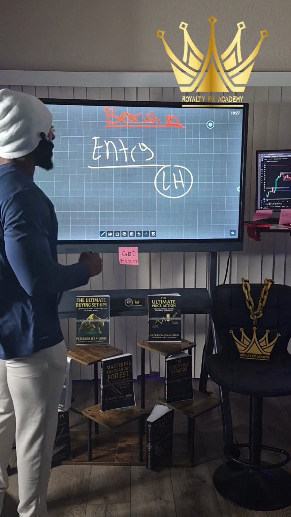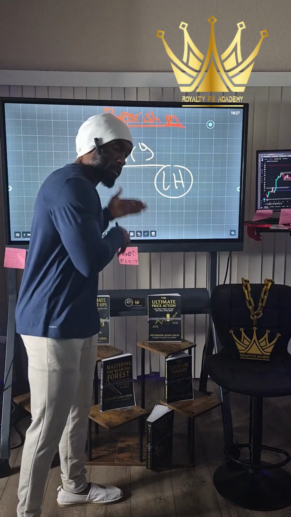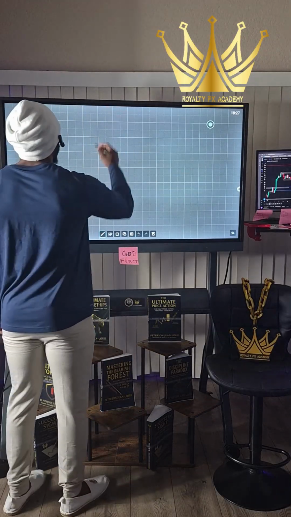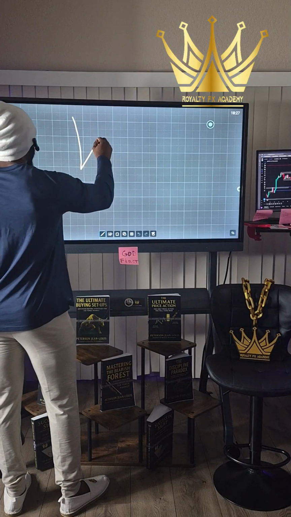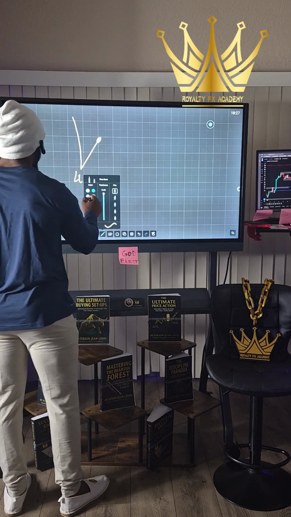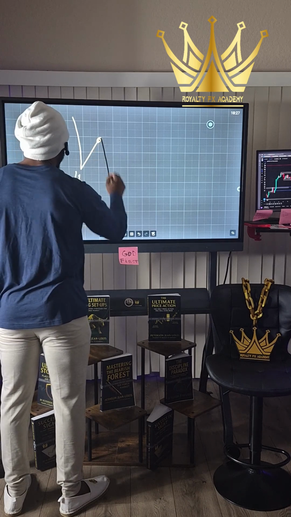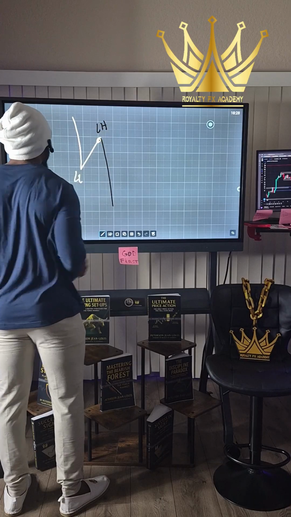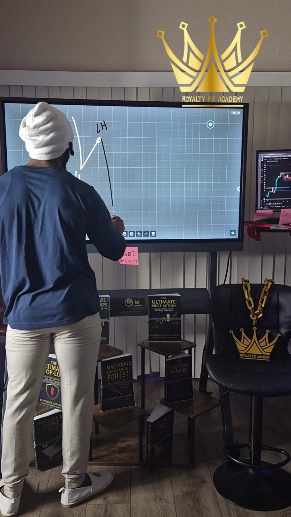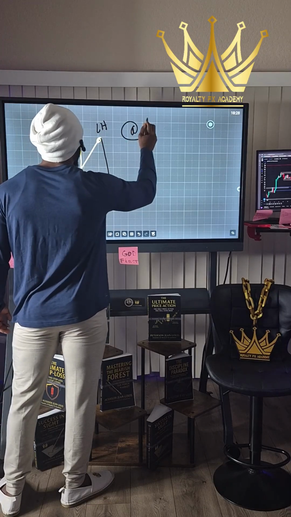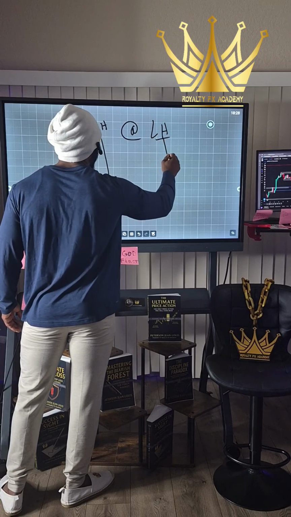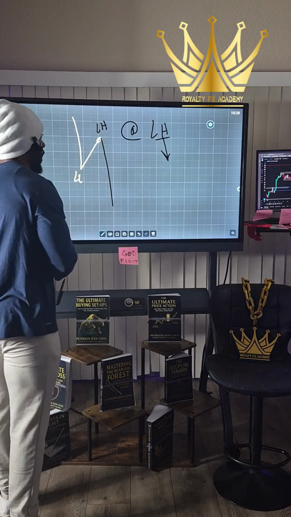So a bearish market is a selling market that gives you lower lows and lower highs. You look to enter at a lower high so you can go down with the market.